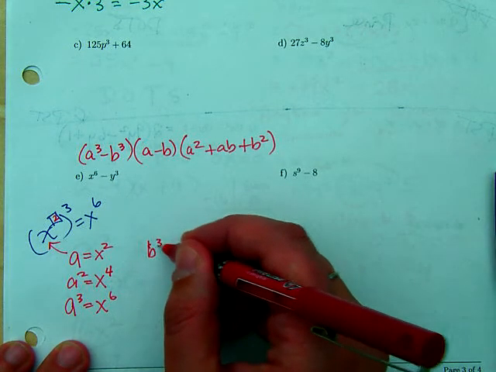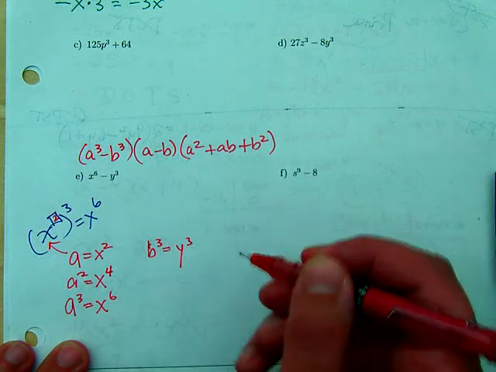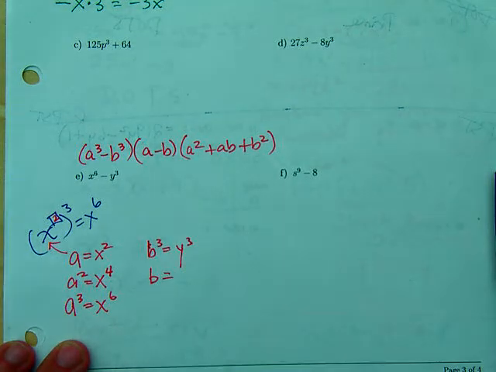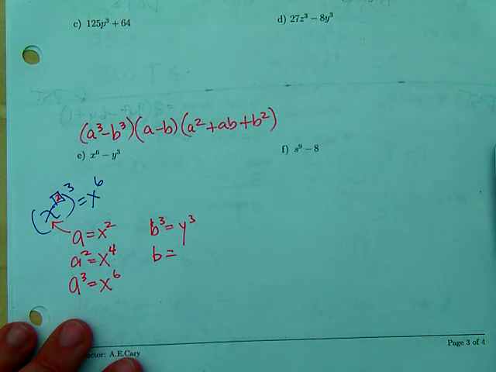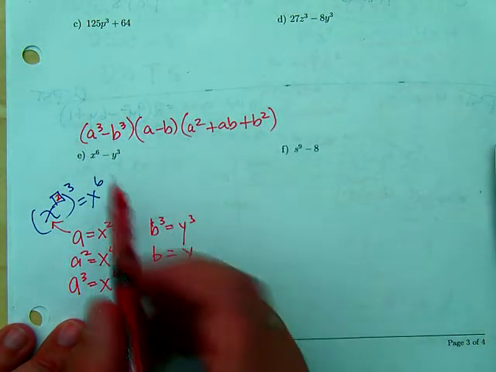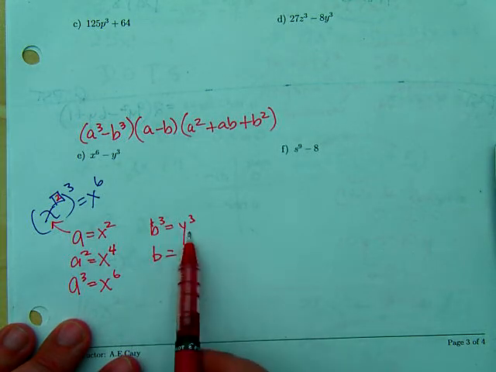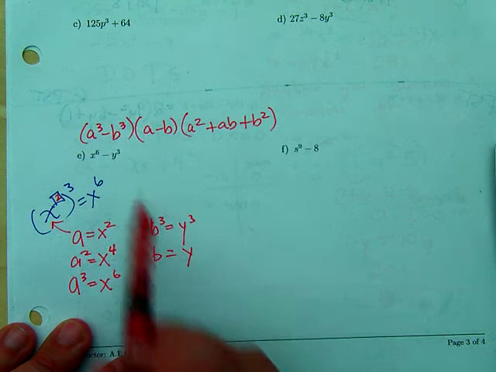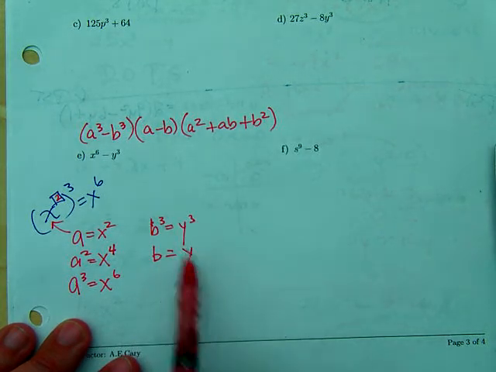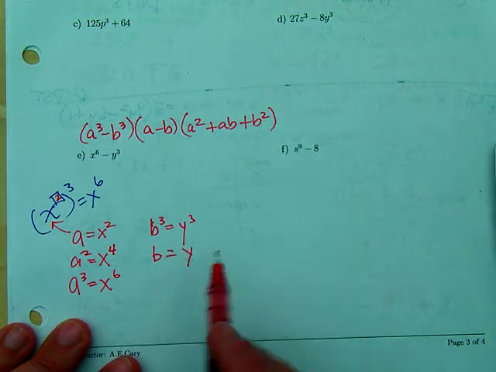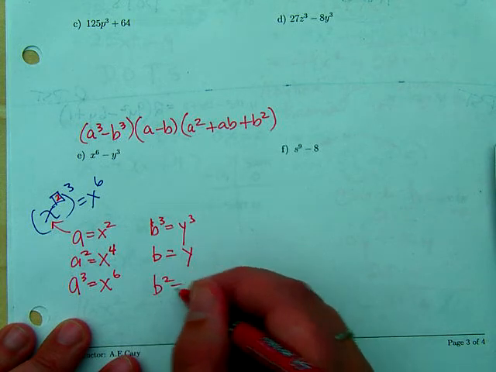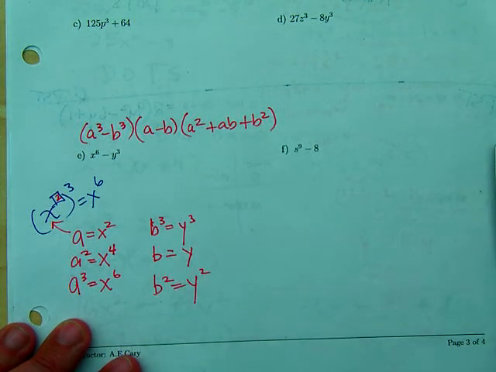B to the 3rd is equal to y to the 3rd, right? So what's B equal to? I'm just identifying the cube root. What number times itself 3 times gives you y cubed? It would be y, right? And then B squared would be y squared.